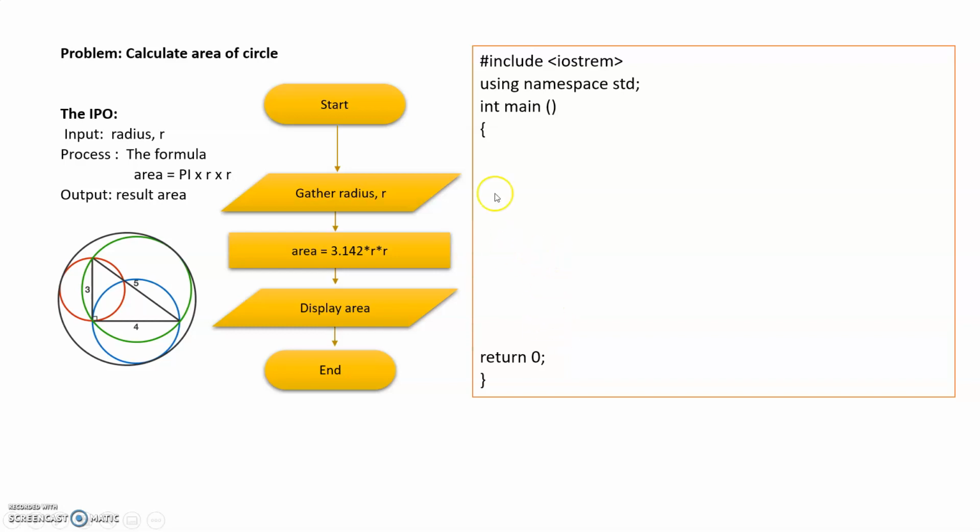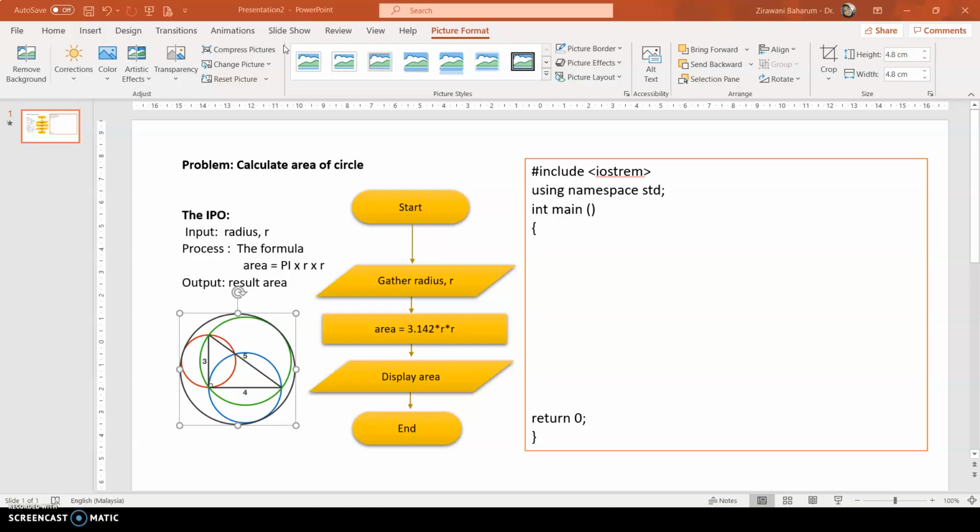This means the terminal oval for start and end is represented by the open and close curly brackets. So let's write the C++ code from this flowchart. I end this slide.